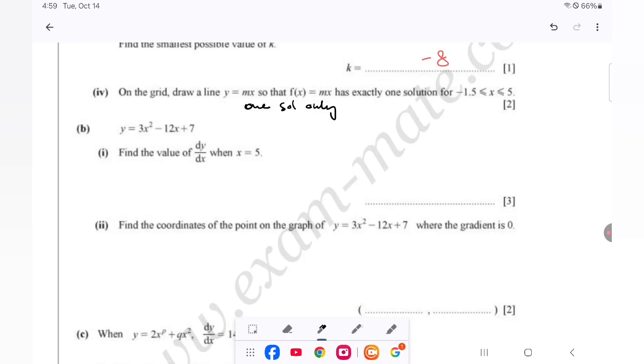Take the derivative: dy over dx equals power multiplied by the coefficient, power minus 1, so 3 into 2 is 6x, minus 12 times x derivative 1, plus derivative of a number, coefficient is 0.